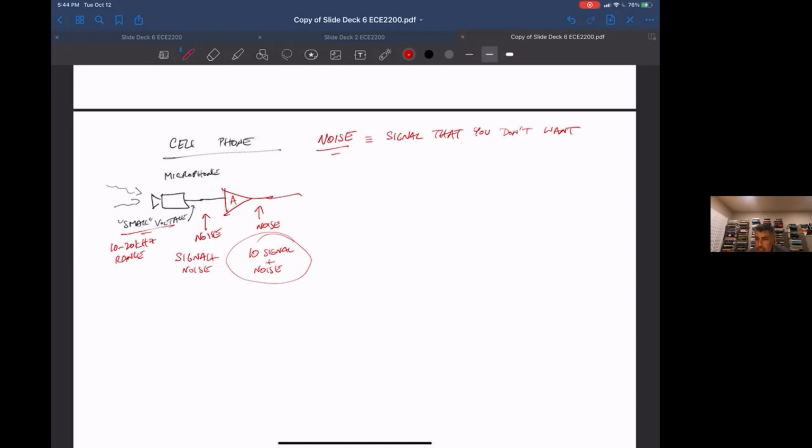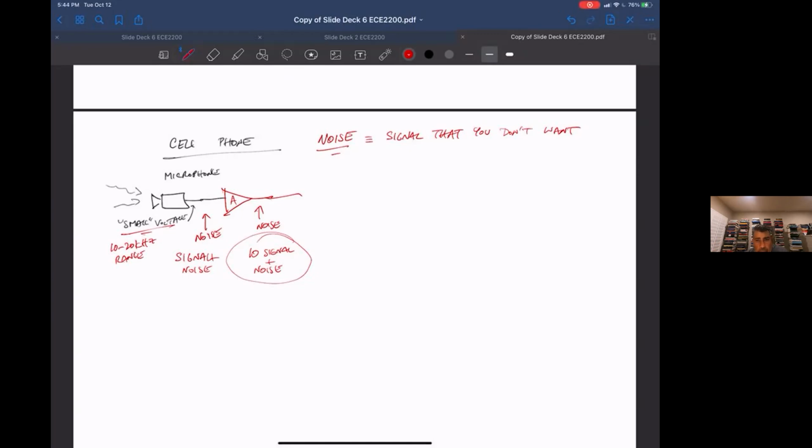But it turns out that, remember, this is a cell phone. So I'm talking into a microphone and I want to transmit that signal to a base station. Now it turns out it's not easy to transmit signals that are only 10 to 20 kilohertz.